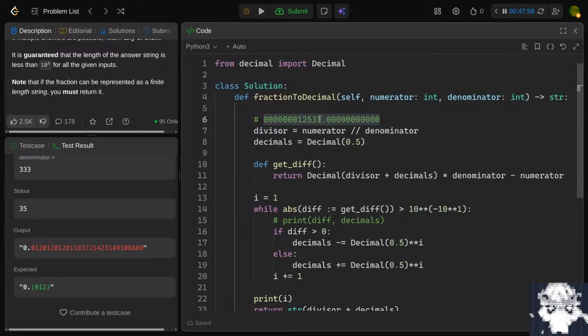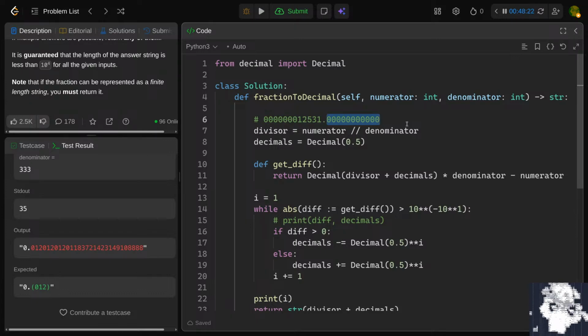So we can get the part before the decimal very easily. The part after the decimal is a number between 0 and 1. If I could just grab each digit one at a time, then I could start recognizing when they repeat.